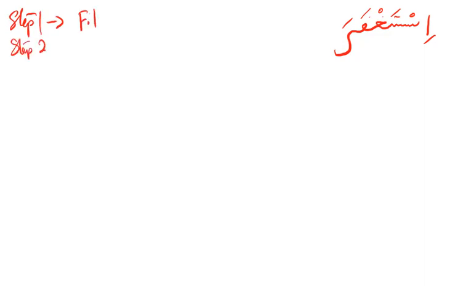Okay, let's do one more word. Step 1, fail, ism or harf? It's fail. Step 2, past or present? Past. Step 3, active or passive?